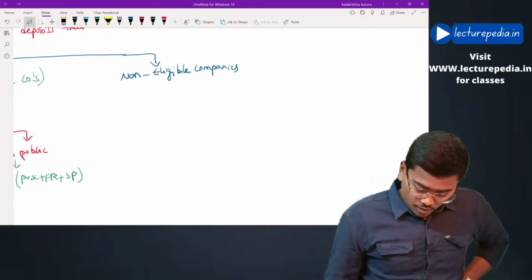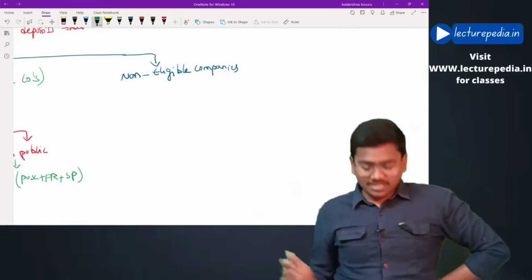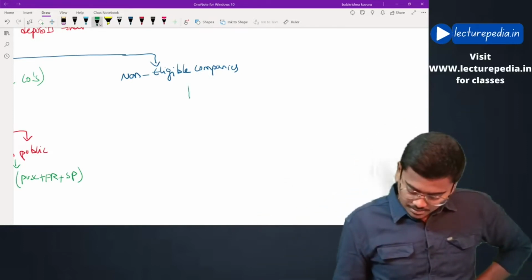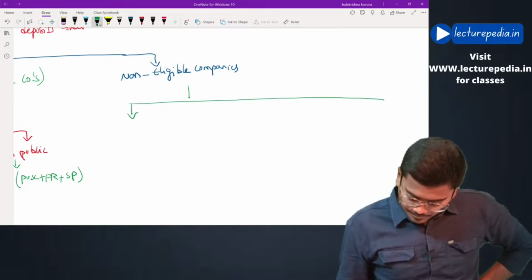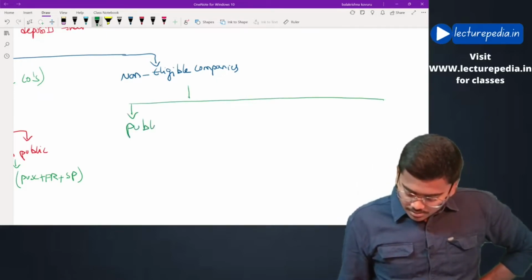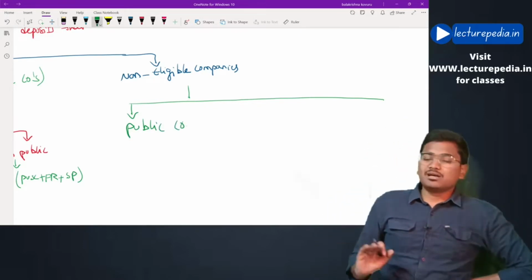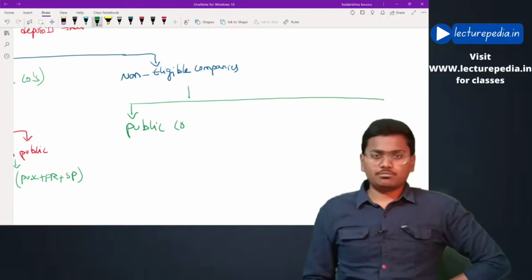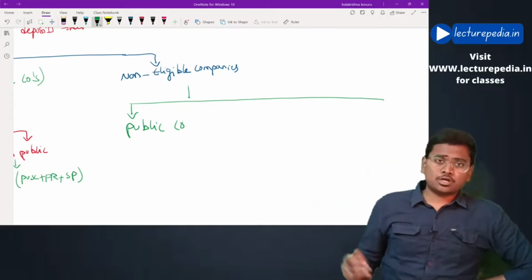In case of non-eligible companies, there can be both public companies and private companies. If the company is a public company, but it is a non-eligible company because it is not satisfying any of the three conditions, then it becomes a non-eligible company.